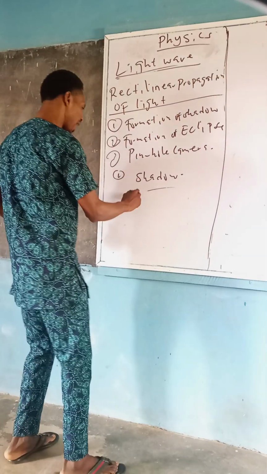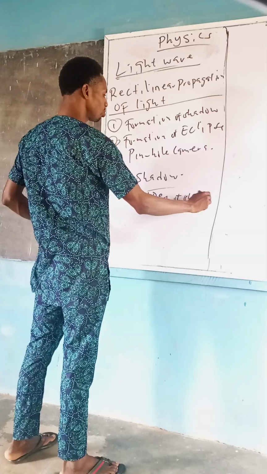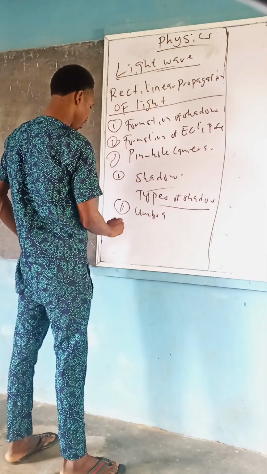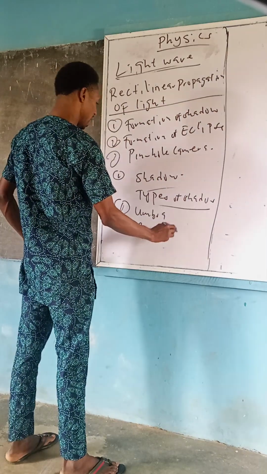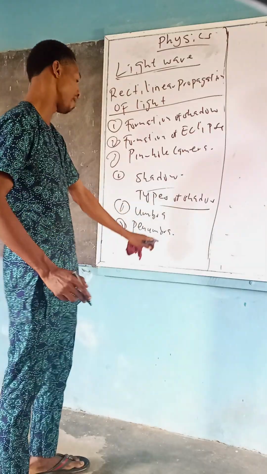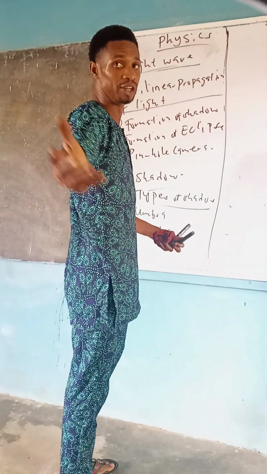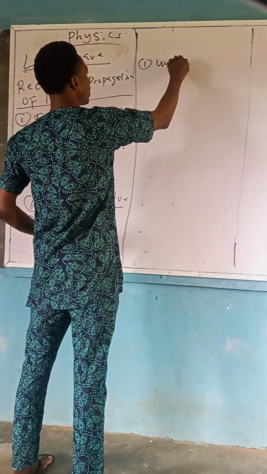Now, we have 2 types of shadow. Number 1, we have the umbra, and number 2, we have the penumbra. Let me explain. Number 1, umbra.